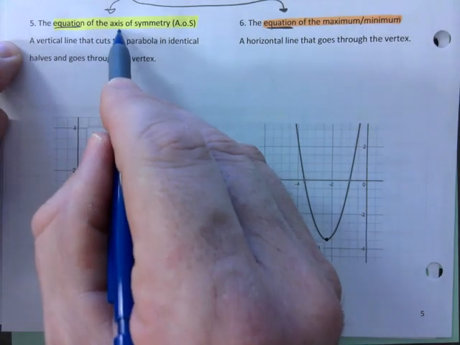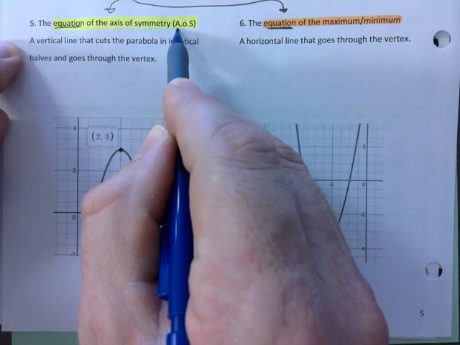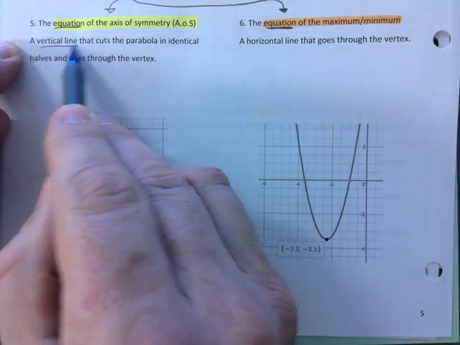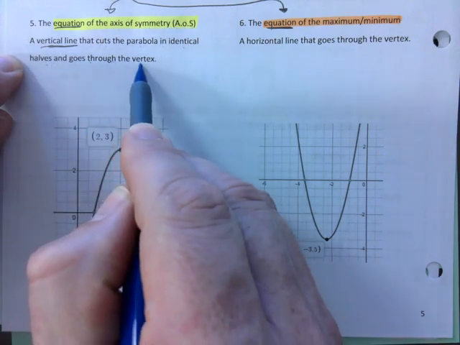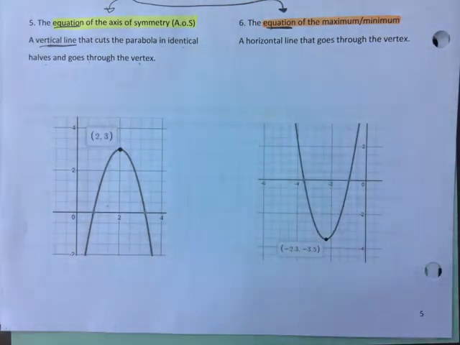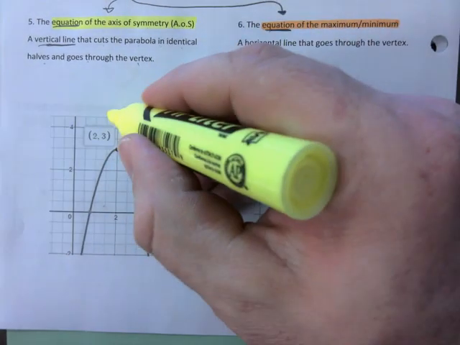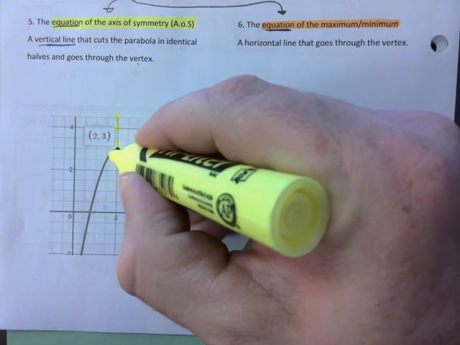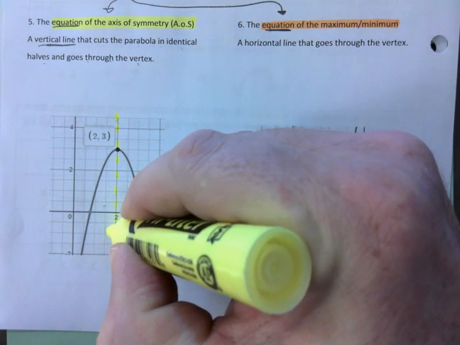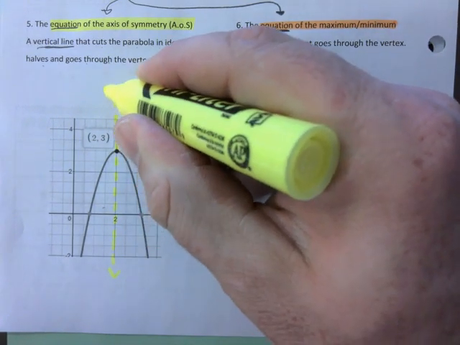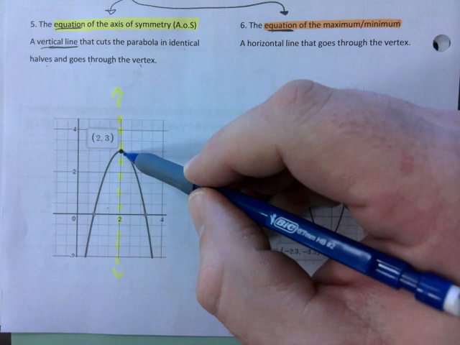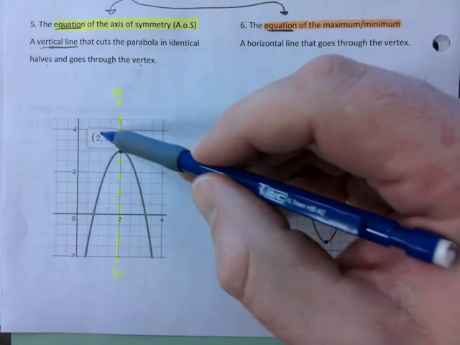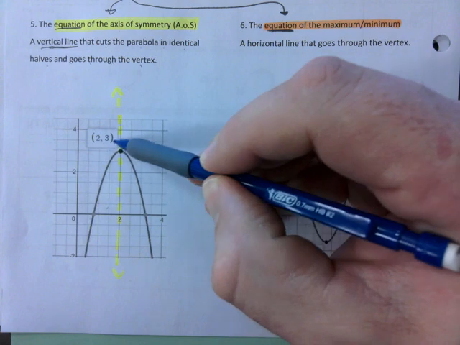So the equation of the axis of symmetry, I use AOS often. It's a vertical line that cuts the parabola in identical halves and goes through the vertex. Okay, so in this case, if this is your vertex right here, visually the axis of symmetry goes right through it like that. And it's a vertical line, it goes up and down. And if you look up here, these are the coordinates of the vertex, correct?